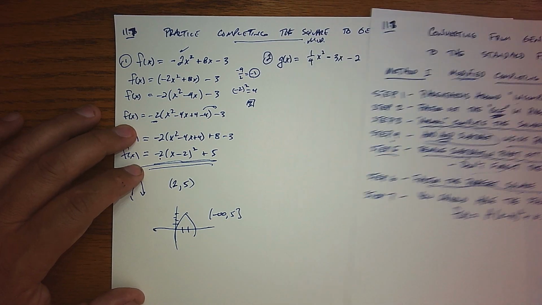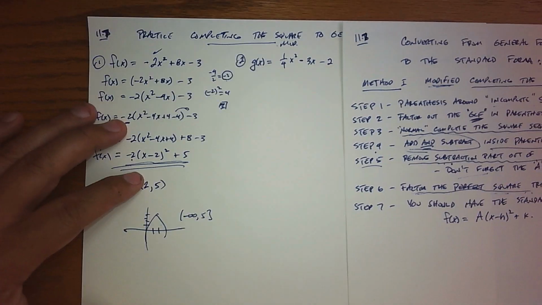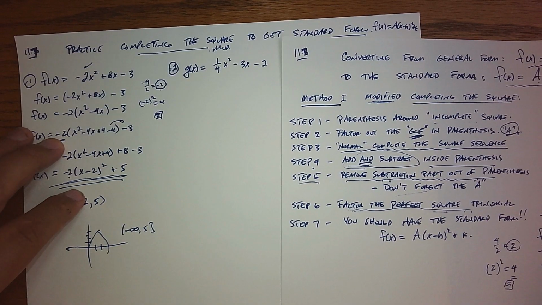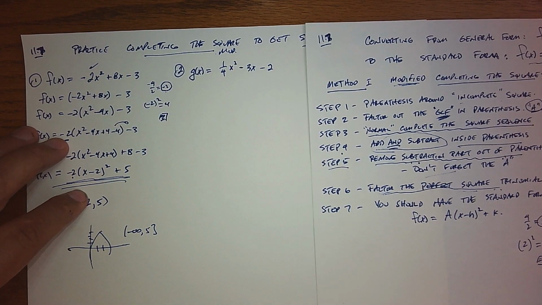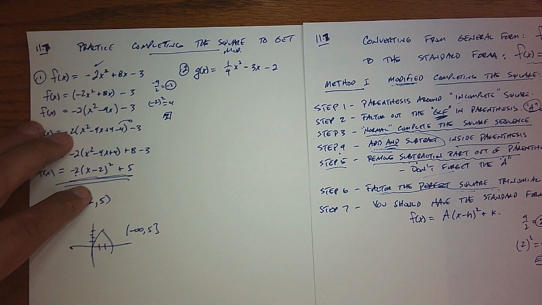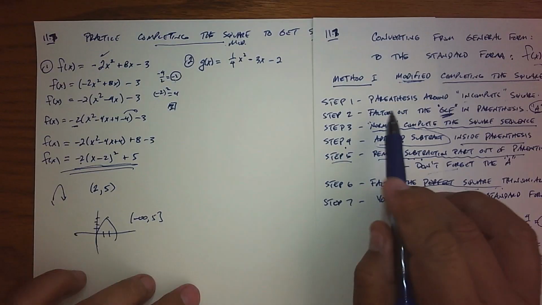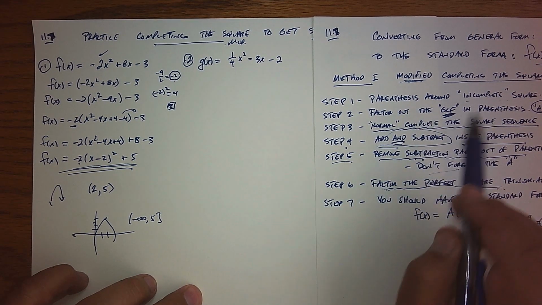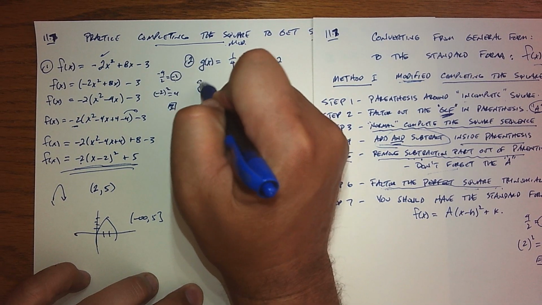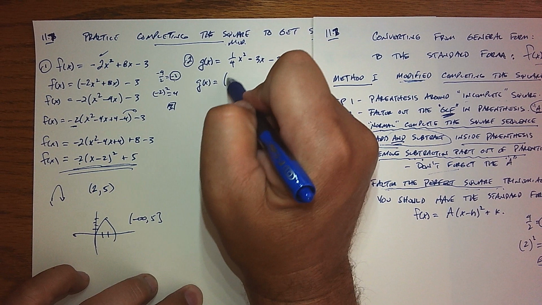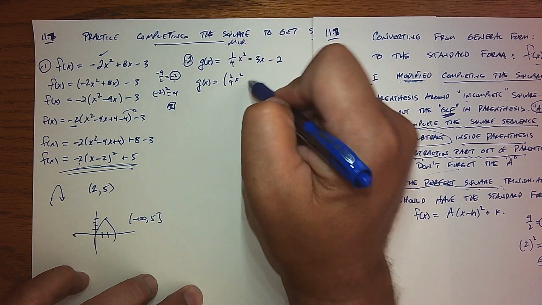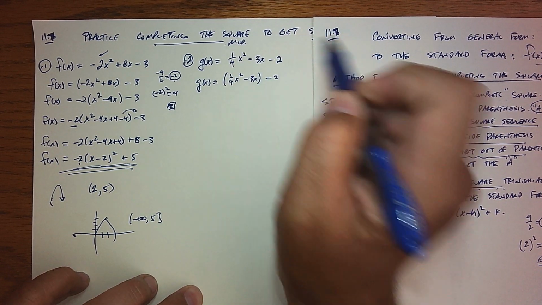Alright, so the next two examples will be a little tougher, but they'll hopefully demonstrate what we're doing here. So again, let me try to keep my process over there off to the side as we do it. So again, the first thing we want to do, step 1, is put parentheses around the incomplete square part. So g of x equals, well, we have 1/4 x squared minus 3x minus 2.